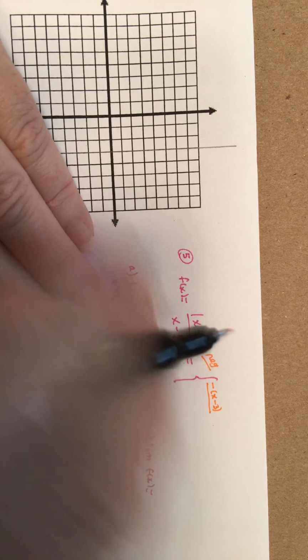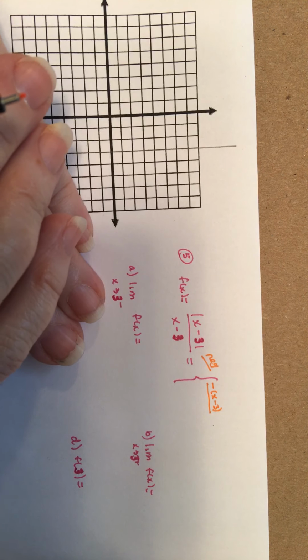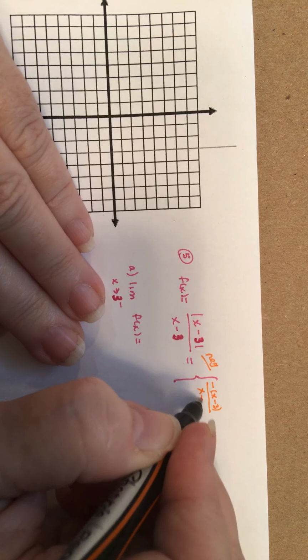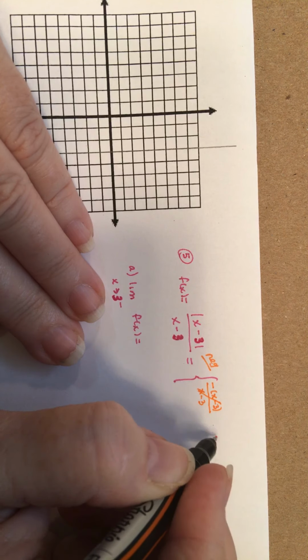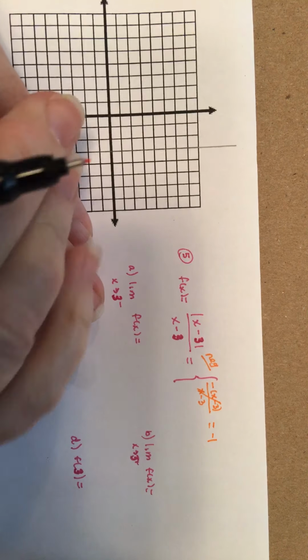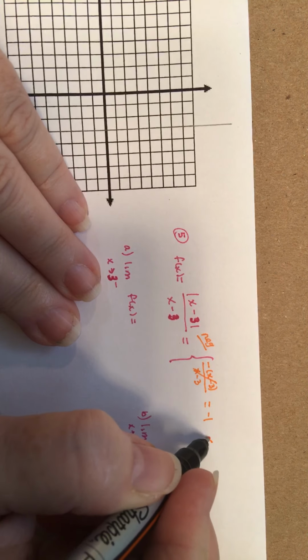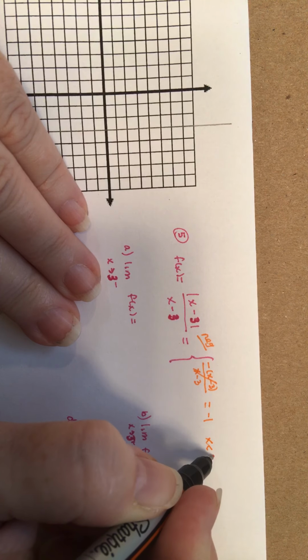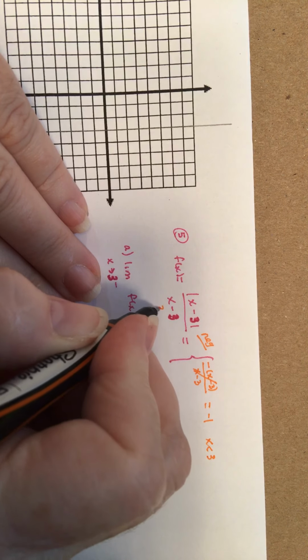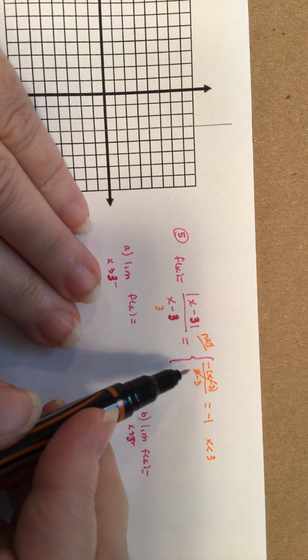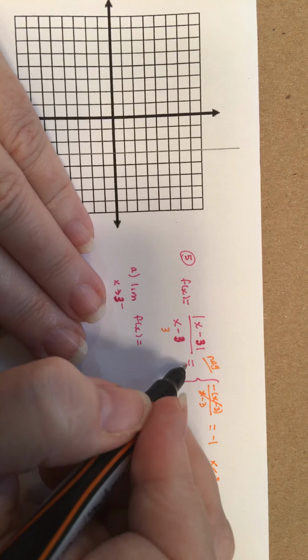So the absolute value of x minus 3 is the negation of x minus 3 over x minus 3. Well, that reduces, and I'm simply left with -1. And this occurs when x is less than 3, because 3 is what makes this 0. And when I'm less than 3, I'm going to be negative.